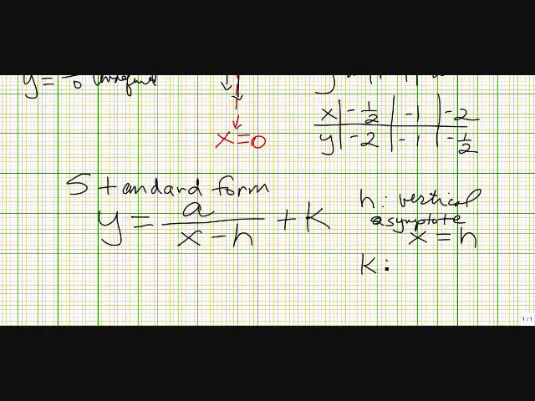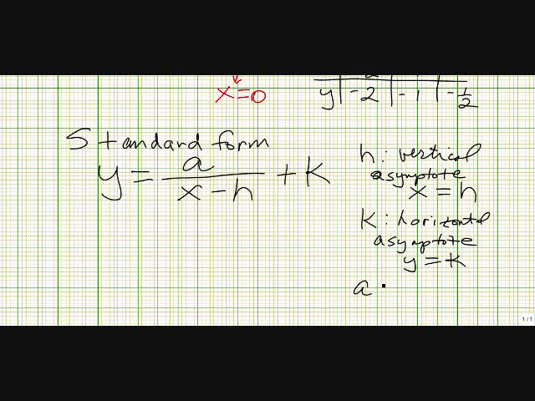K defines the horizontal asymptote, or y equals k.